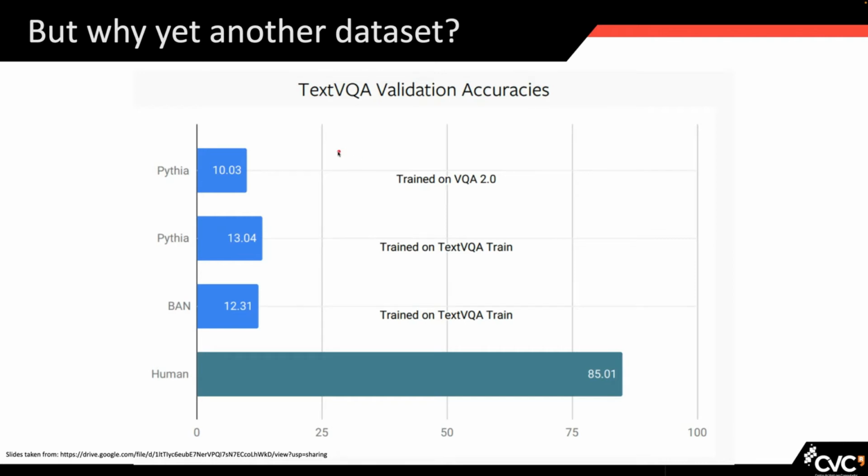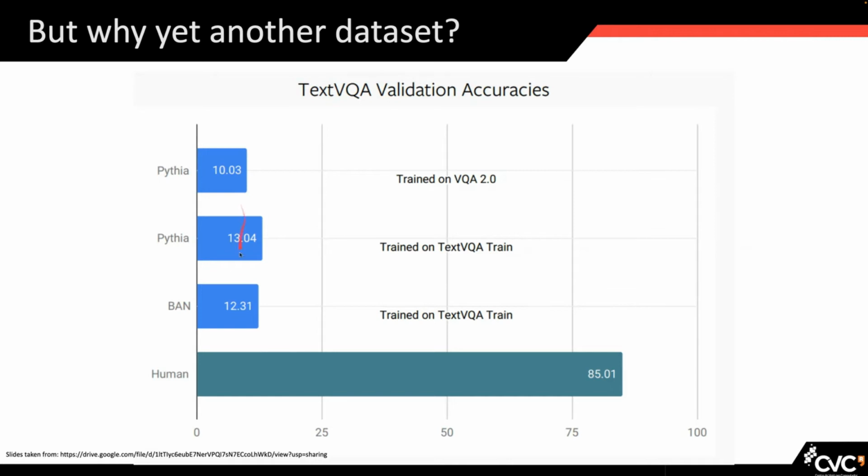But then the question becomes, why do we need another data set? What is the problem that the current VQA data sets have, which we already have, I think, 5 or 6 of? The reason, which I hope you already learned by now, is that these models cannot read. They're illiterate, basically. If you take a state-of-the-art visual question answering model, train it on the classic VQA data set, and test it directly on the validation, you just get 10%.